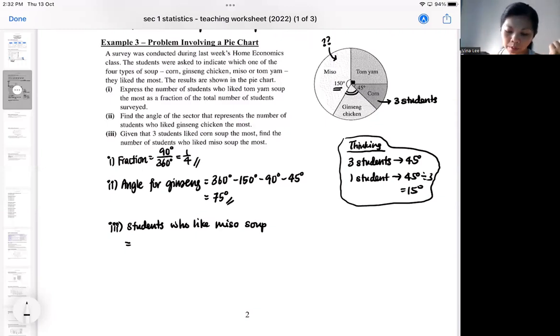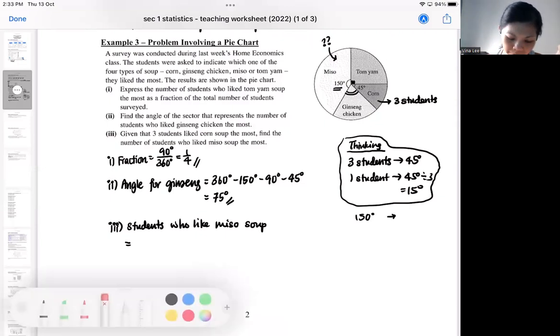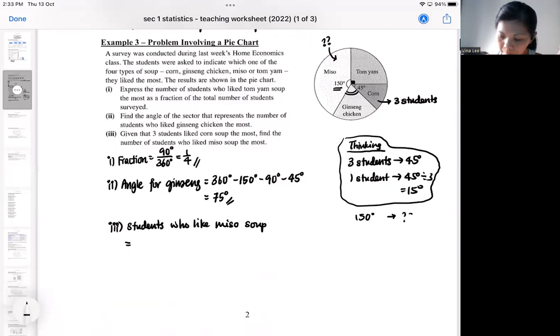So 1 student will be 15 degrees, then we got 150 degrees. Not Celsius, degrees. You can think about it in this way. Presentation wise, if you do it this way, you can already see that you get 10 students.